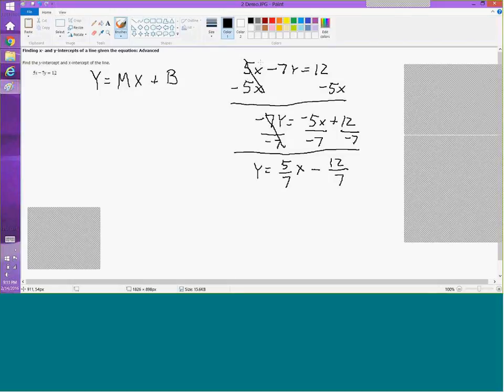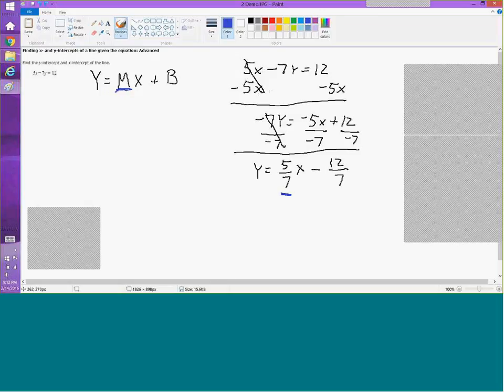This is y equals mx plus b form. The number multiplied by x, which is this 5 sevenths, is my slope. Oh, wrong question. I apologize, people. We're looking for the y-intercept and the x-intercept, which means that we just did an awful lot of work, but we'll use that to our advantage.